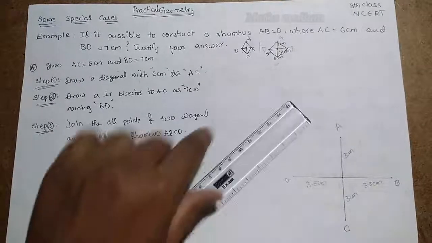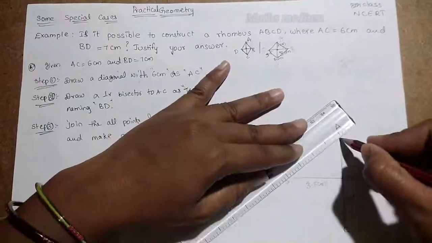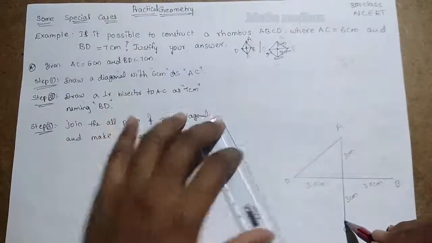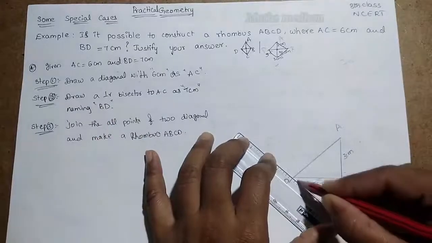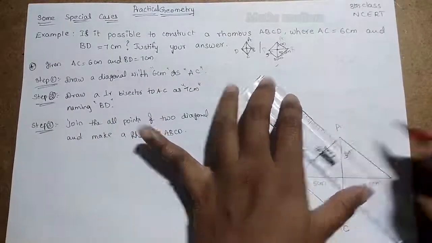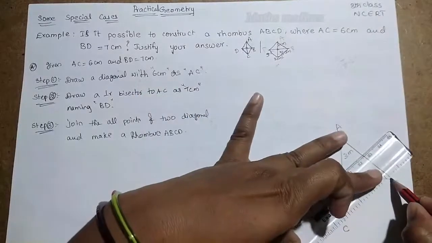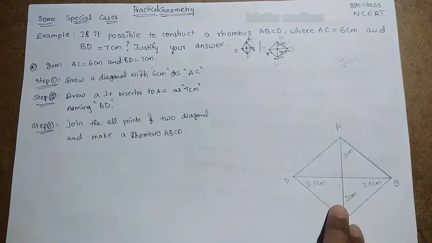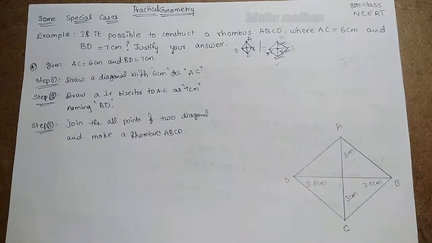So join these 2 lines. So this is AD, and this is C and this is D, and this is B and this is A, B and C also. So here we get a rhombus like this, A, B, C, D.